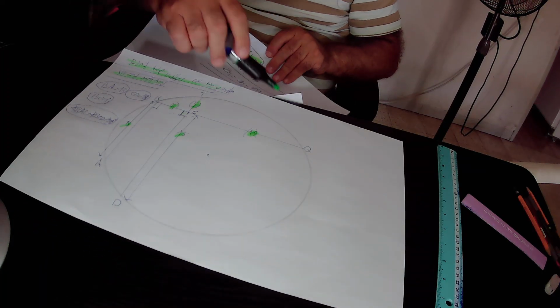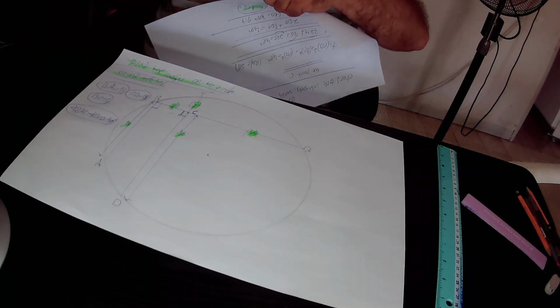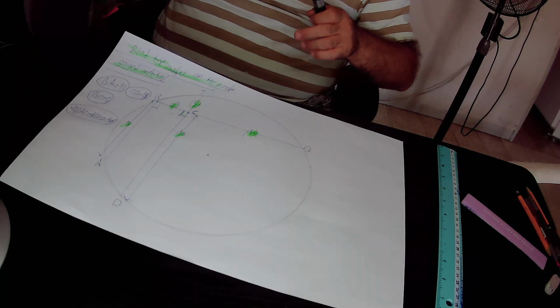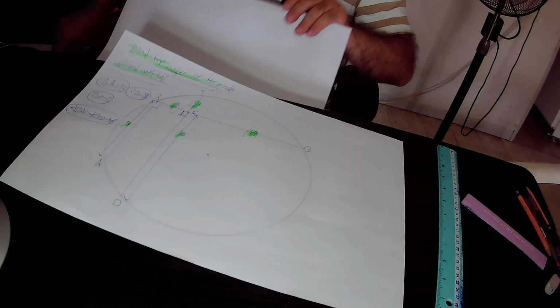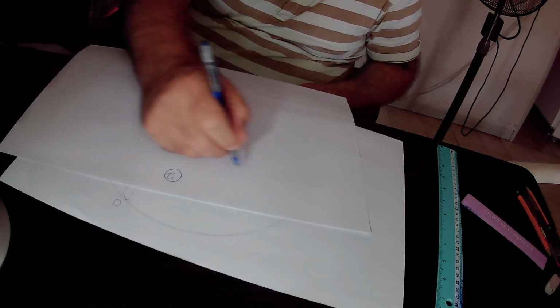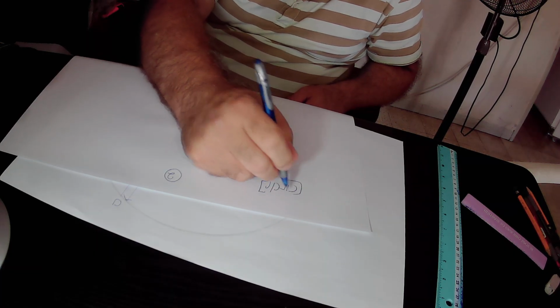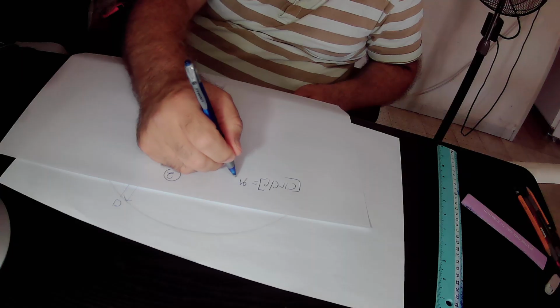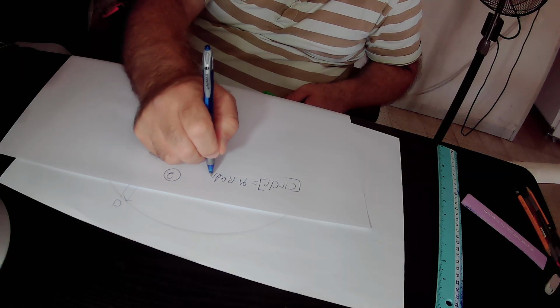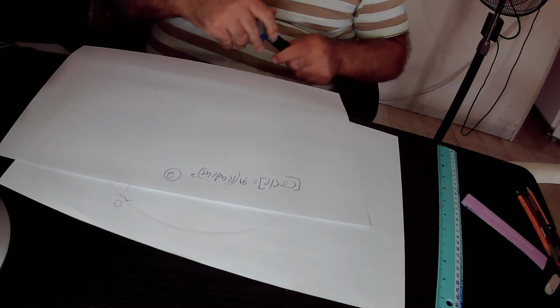Our task is to find the area of this circle. We know that the area of any circle is equal to pi times the radius of the circle squared.